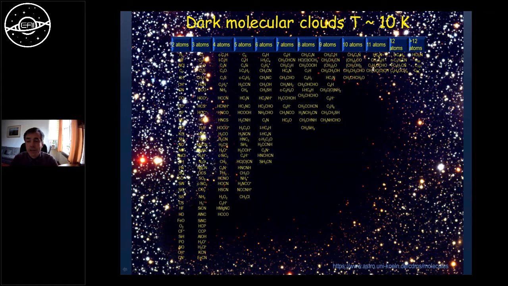And this could be easily understood considering that the abundance of molecules also decreases almost exponentially with increasing number of atoms in the molecule. But this would also mean that for the most interesting biologically important molecules, which are big, the abundance would be very low and we would not be able to detect them by spectroscopy. Moreover, most of the detected molecules are detected in the gas phase, and we know almost nothing about the solid state.